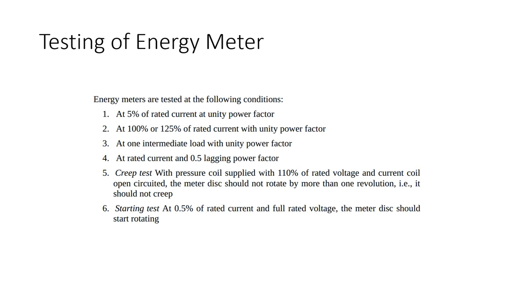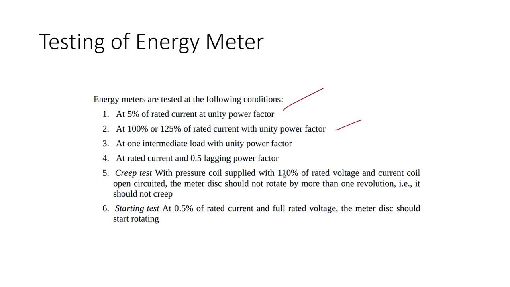Testing of energy meter can be done with the following conditions. Sometimes we use 5% of the rated current at unity power factor to test this energy meter, or sometimes 100% or even 120%.